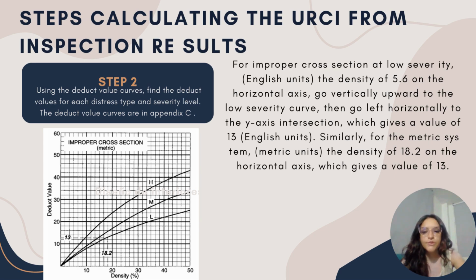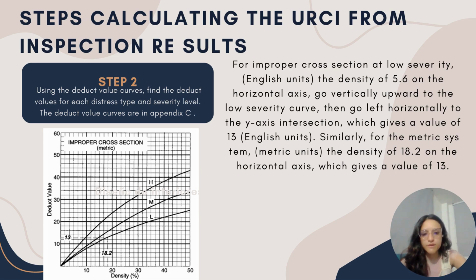Step number 2. Using the deduct value curves, find the deduct values for each distress type and severity level. The deduct value curves are in Appendix C. So, for improper cross section, low severity, English units, enter the density of 5.6 on the horizontal axis, go vertically up to the low severity curve.